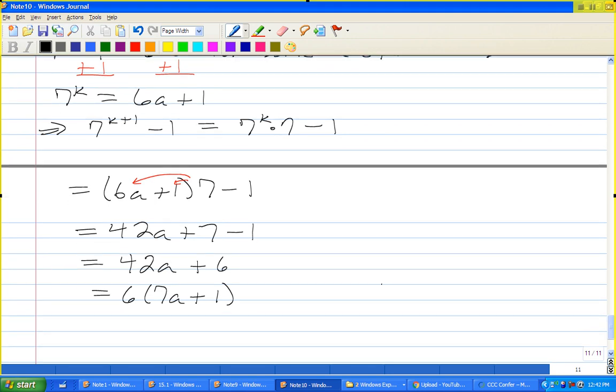And so let capital A equals 7a plus 1. Since a is a natural number, then 7a is a natural number, again, by the closure property for multiplication of natural numbers. And therefore, 7a plus 1 is a natural number, again, since natural numbers are closed under addition. And so I've shown the induction case.